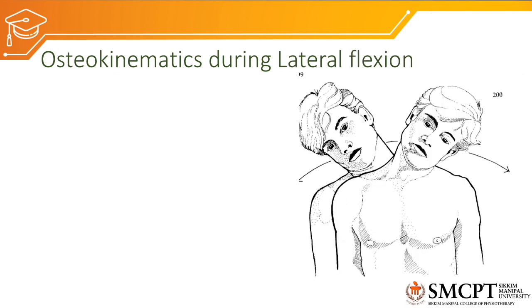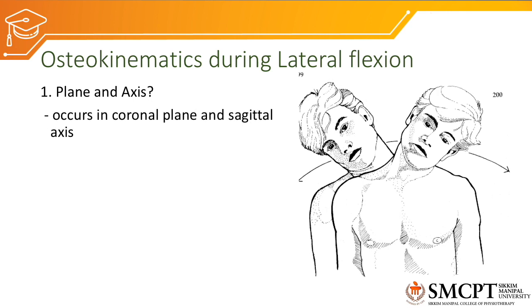Next osteokinematics we will discuss is lateral flexion of the cervical vertebra. This is the movement occurring at the cervical vertebra. Second point we have to discuss is the plane and axis. Lateral flexion of the cervical vertebra occurs in the coronal plane and sagittal axis.